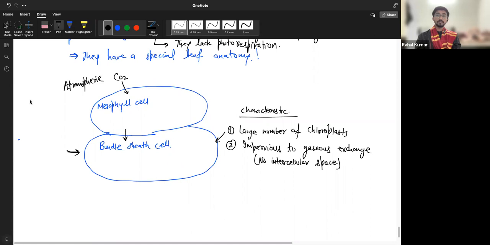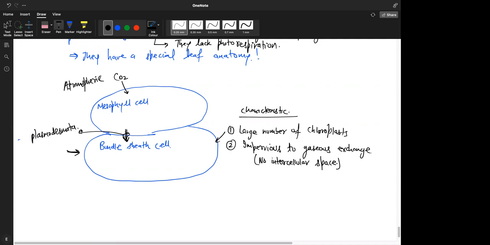And between the cells which have a cell wall, plasmodesmata can become a very easy tunnel-like thing through which things can be exchanged. So that happens. The CO2 enters into the bundle sheath cells through small pores known as plasmodesmata. Is it clear, everyone?